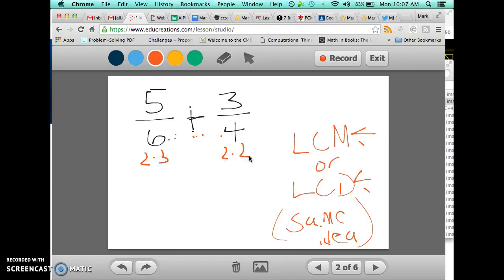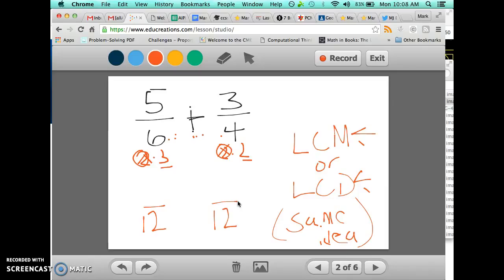So the trick is what you take out times what's left times what's left. So 2 times 3 times 2 is 12, and that's your least common multiple.